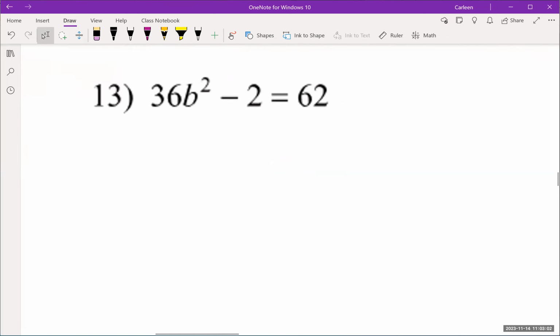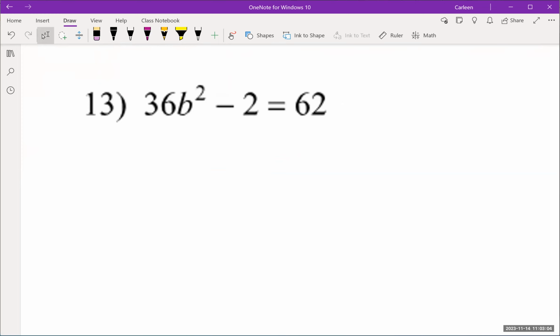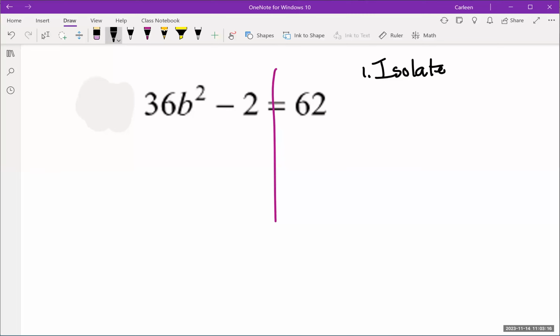Okay. Next. So we're going to go isolate, inverse, and solve.